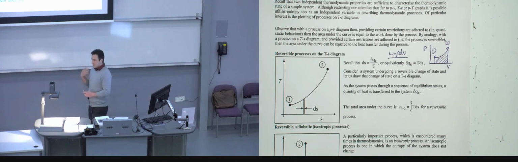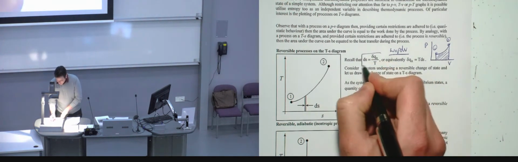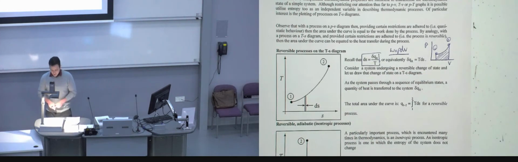We have exactly the same concept in the TS diagram, so there's an analogy between the PV and the TS diagram, and this is based on this equation, which we defined earlier.